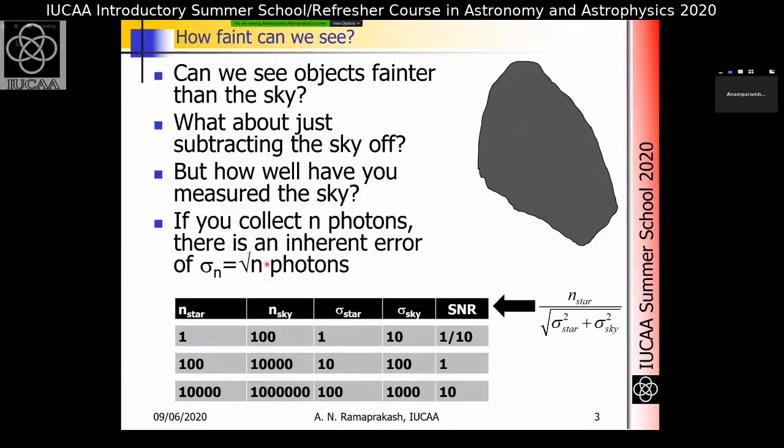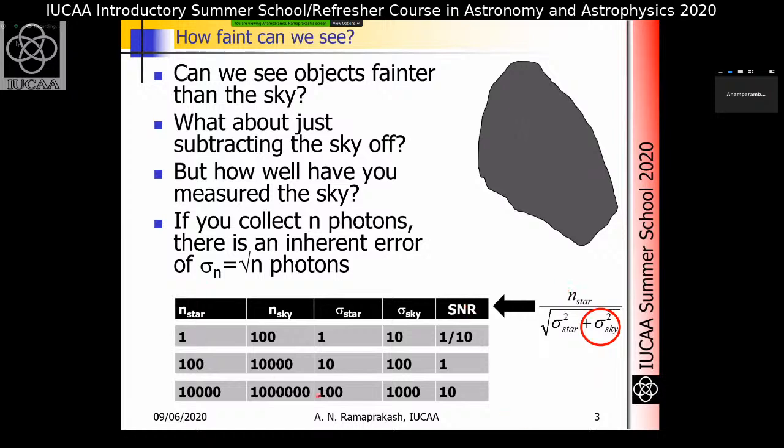And this gave us a way of seeing fainter and fainter objects, because if you collect a sufficiently large number of photons from the object of interest as well as the sky, you can ultimately see that the noise, which is typically dominated by the noise from the sky, if the sky is very bright compared to the really faint object you want to observe, dominates the signal to noise ratio calculation.